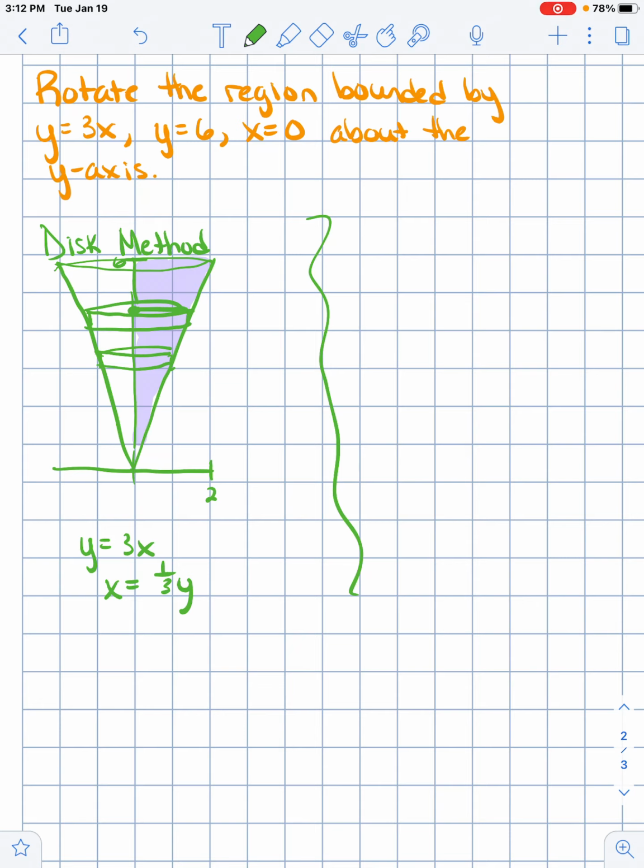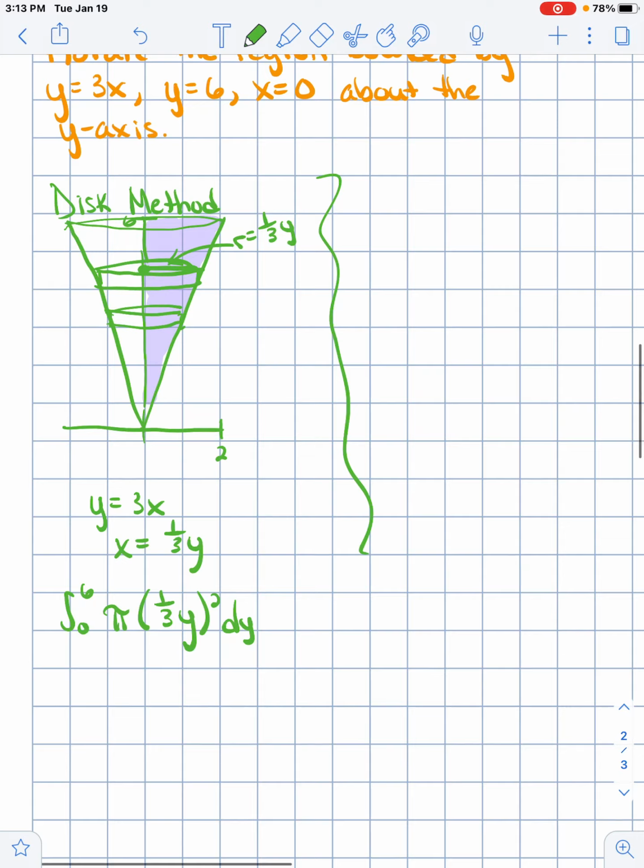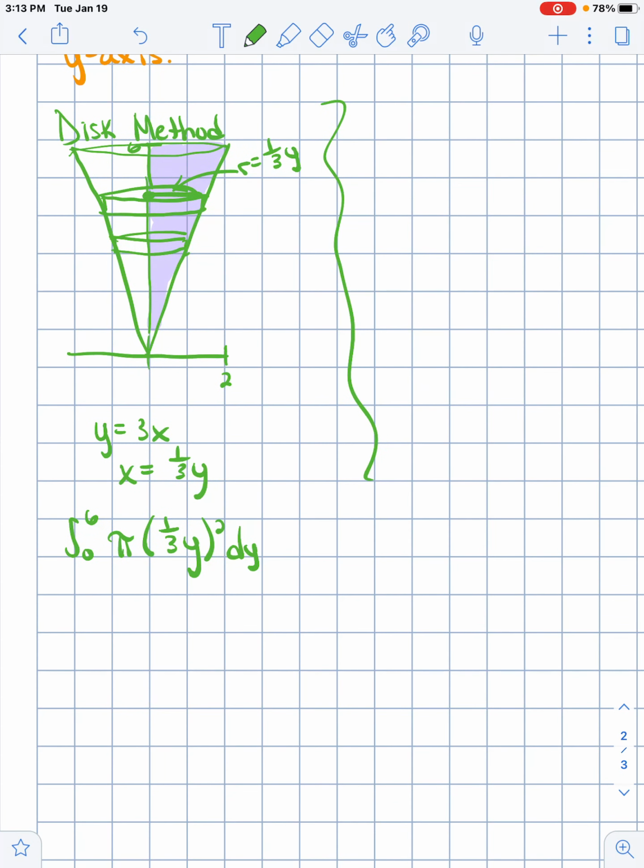Since we're integrating along the y-axis, in other words, all of these cylinders are stacked along the y-axis, I know that the radius of each one of these is 1/3 y, and we'll integrate from 0 to 6 pi times the radius squared times a little bit of depth to them.